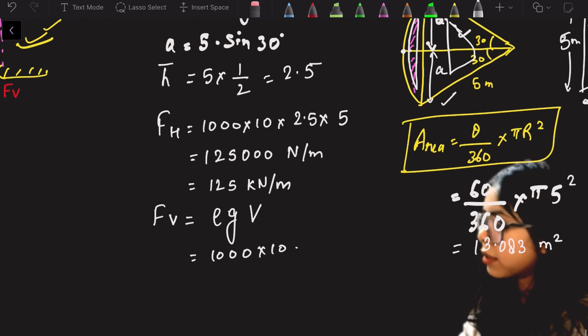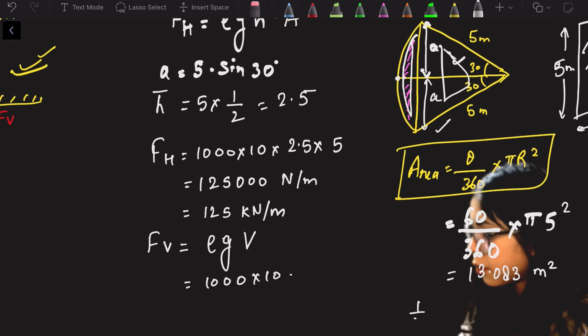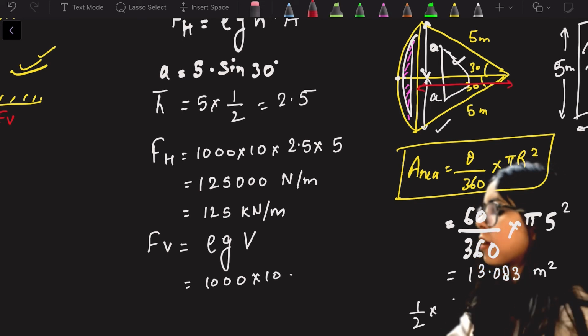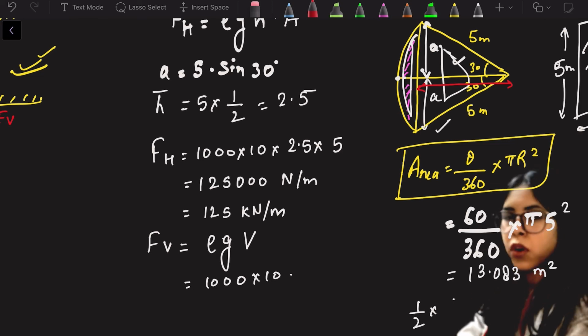Now I have to minus the area of the triangle. Triangle area is nothing but 1 by 2 into length into width, right? The perpendicular, this one, I can get it by cos 30.